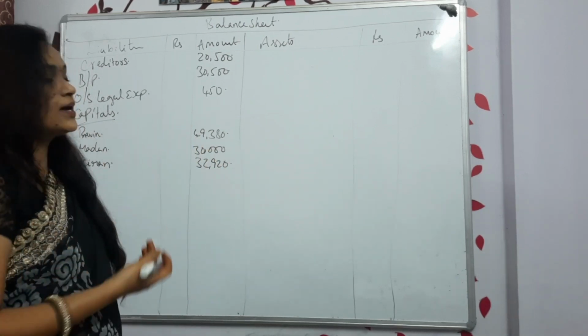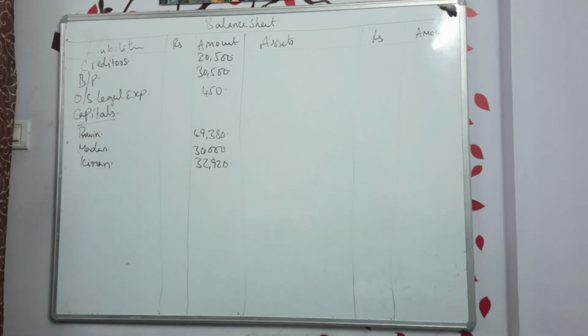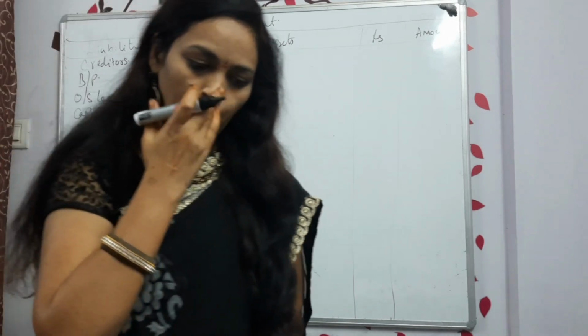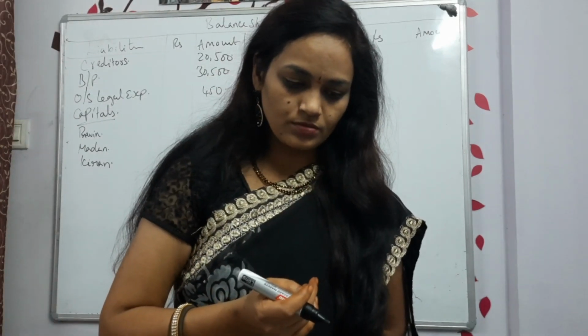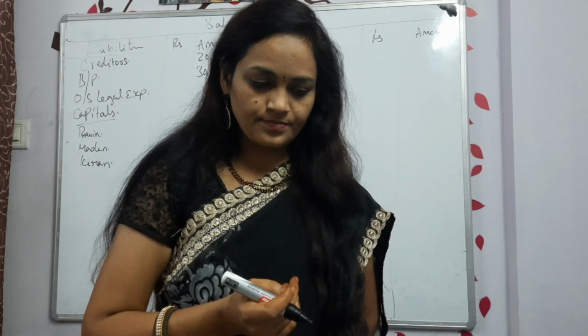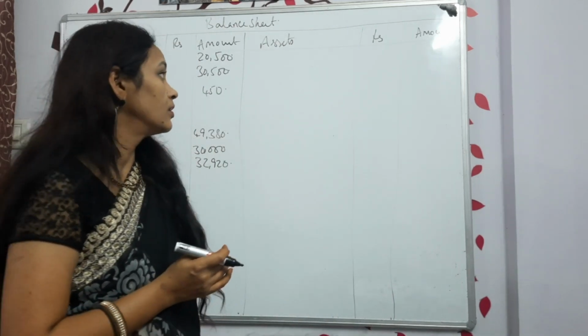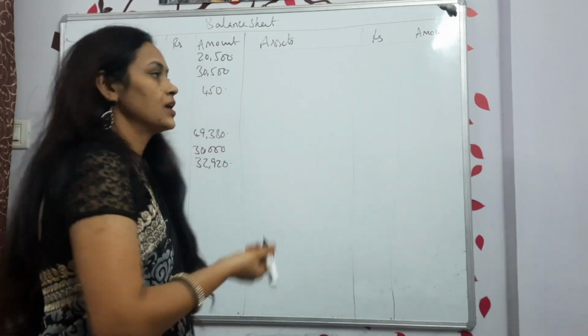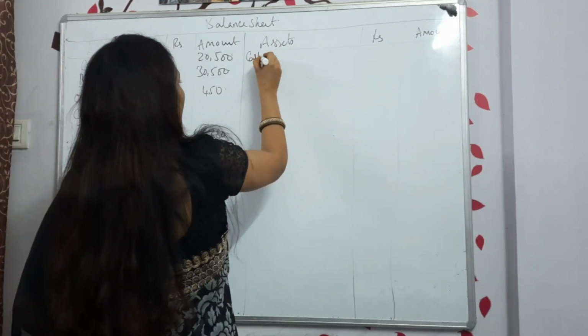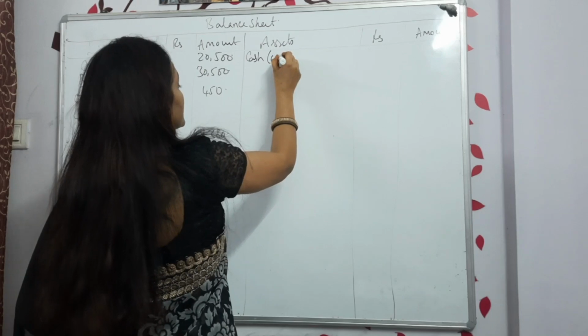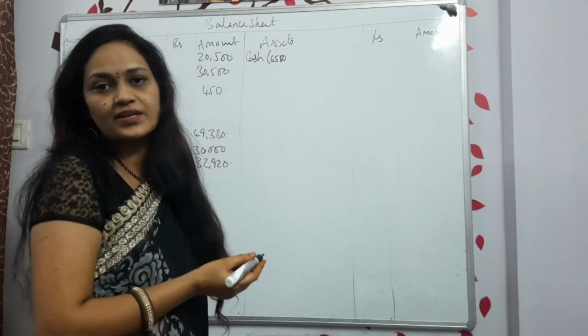Let us check what are assets. Cash and stock, debtors. Let's start assets. First one, cash. According to the question, we have 6,500 in the old balance sheet.